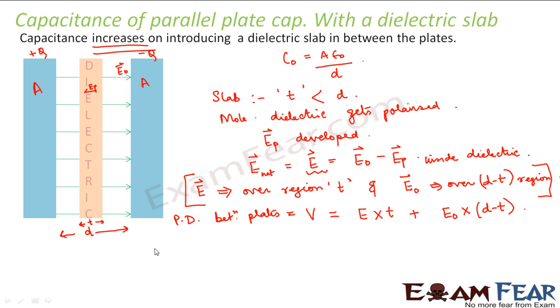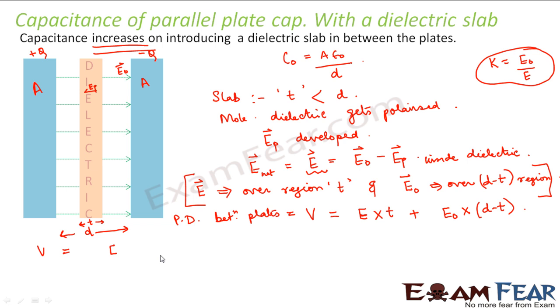Now in the previous case for the conducting slab, this term became 0 because the net electric field inside the conductor was 0. Now we can write this in terms of the dielectric constant. We know that the dielectric constant K is equal to E0 divided by E. You remember this?